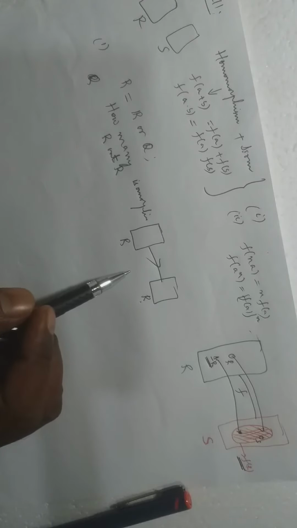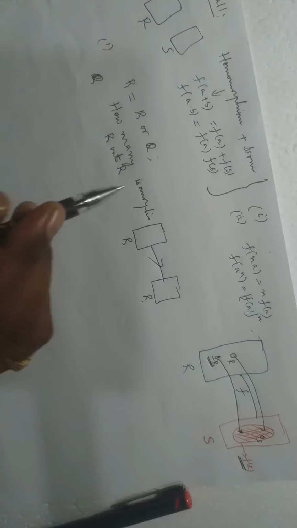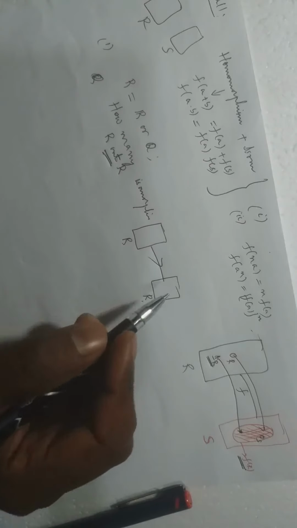Apart from the identity map, I cannot find any other map which is an isomorphism. Further, it should be onto. I can find the zero map also, but it is not onto. You can find one more homomorphism by the fundamental theorem of homomorphism, but it should be onto. If every element goes to 0, then definitely it is not onto. Is it clear?